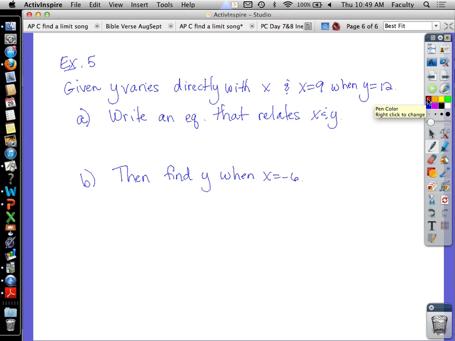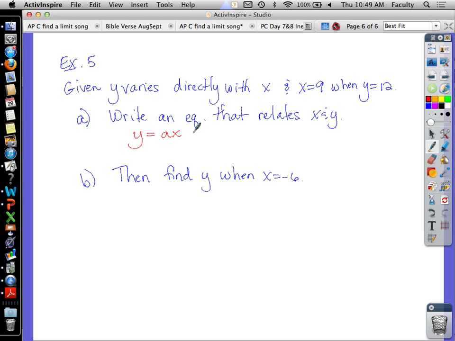Alright, so y varies directly with x, and x equals 9 when y equals 12. So what would I start with here? Good. You want to start with y equals ax. They're always going to give you a pair of numbers so you can find a.